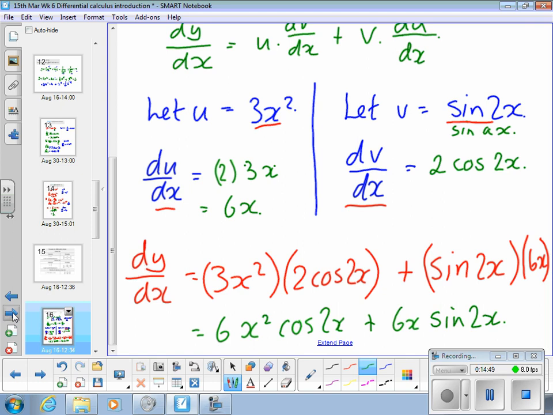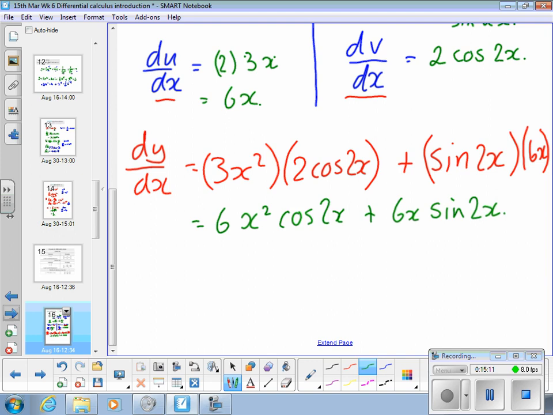Three x squared cos 2x, 3 times 2, 6x squared times cos 2x. Here, sine 2x times 6x. So I'll just put that in front.